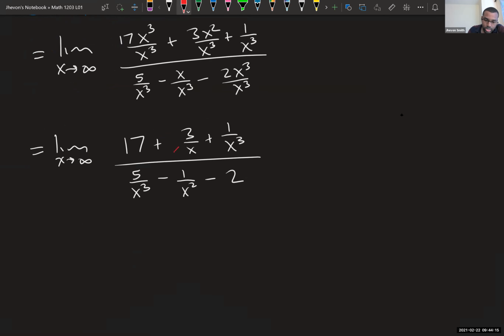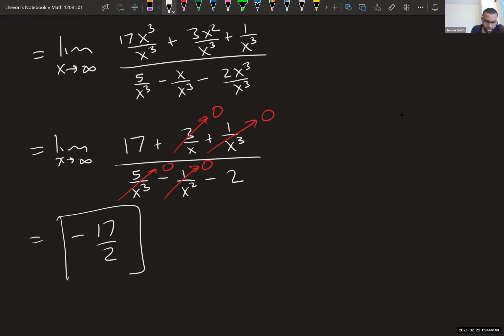Because these guys go to 0 under that condition, right? Otherwise, it would not have, and I would be in a different situation. So those guys go to 0, but 17 is 17, and minus 2 is minus 2. And me distributing the limit across the top and bottom and then across the sums tells me that I get minus 17 over 2 as the answer here. So that's the answer.